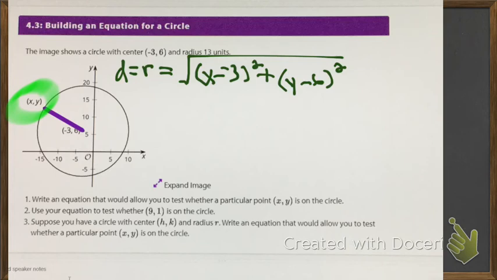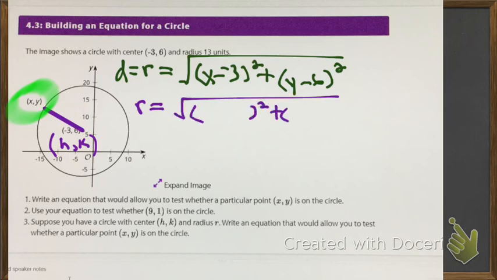And what we finally do, when we take it all the way to the end of this conversation, is say it doesn't matter what the center of the circle is, we just call it H and K. We can say any center H and K, so we can rewrite this formula as the radius is equal to the square root of x minus h and y minus k.